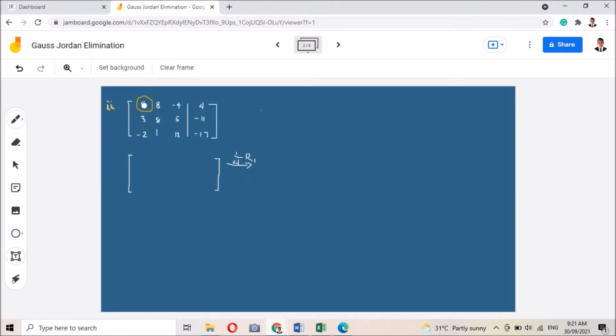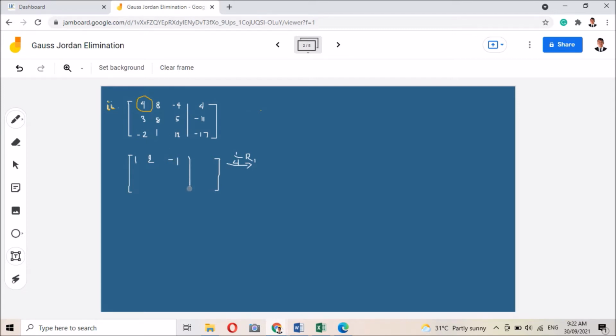To make this quantity become 1, we need to multiply this row by 1/4. 1/4 times 4 will give us 1. 1/4 times 8 will give us 2. 1/4 times negative 4 will give us negative 1.